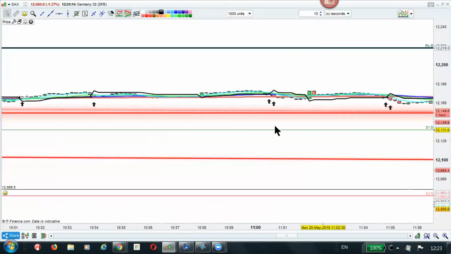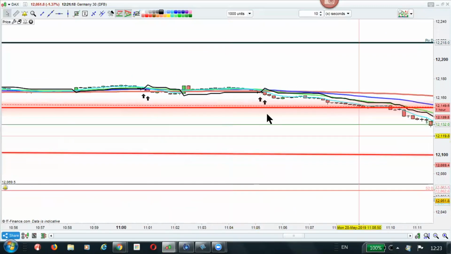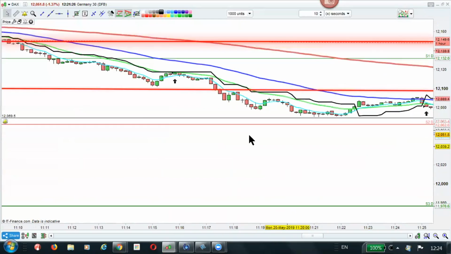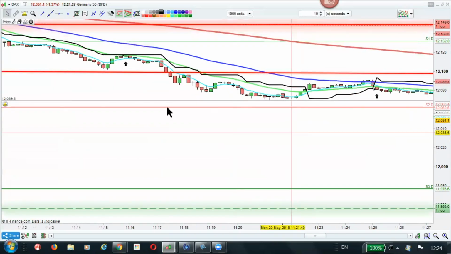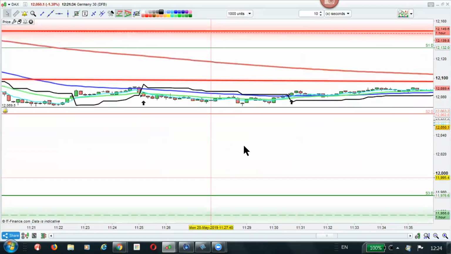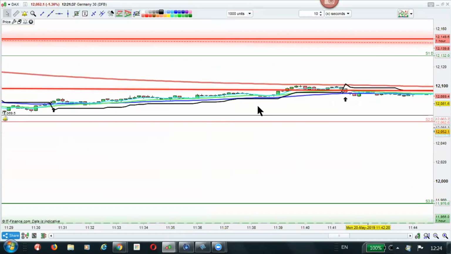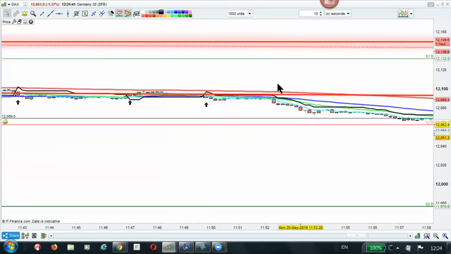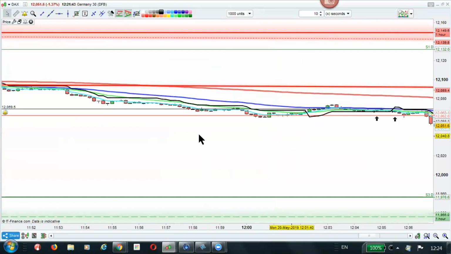So by choosing and being patient and waiting for the trade to come to you, look at that beautiful move from here all the way down below the black line, our secret weapon. Look at that, just lovely. When you're selling, that's just a lovely price action there, all the way down, and of course that was at what, 12.089.